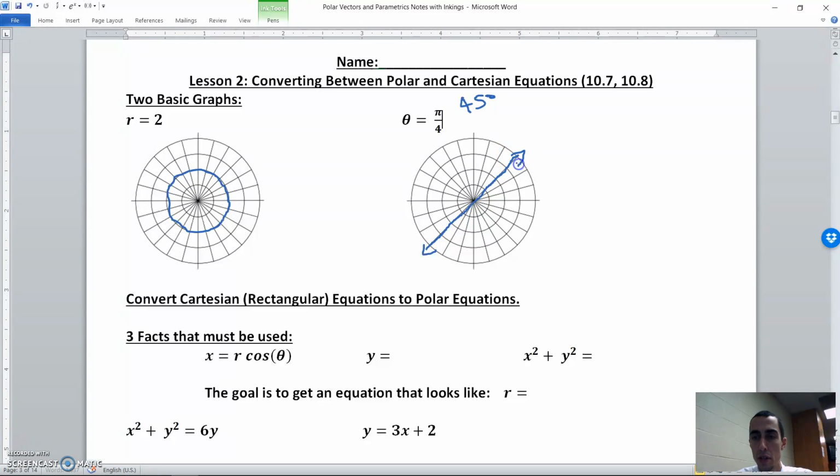We can go in both directions from there. So remember, the radius could be positive on this upper right-hand part, or the radius could be negative, and if the radius was negative, then we'd flip it across to the other side of the origin there.